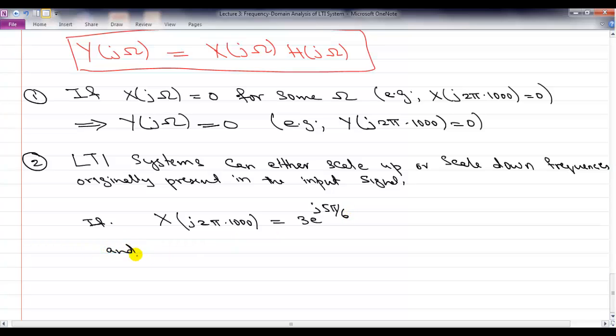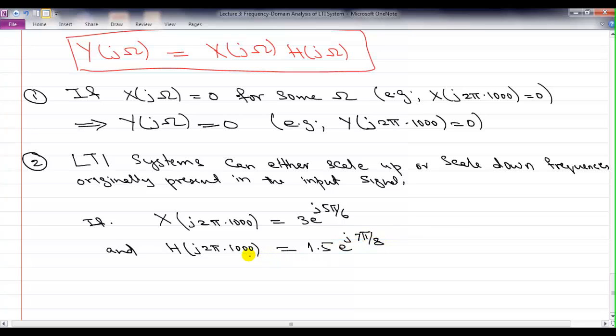And let's say that h of j 2 pi 1000 is 1.5 e to the j 7 pi by 8.